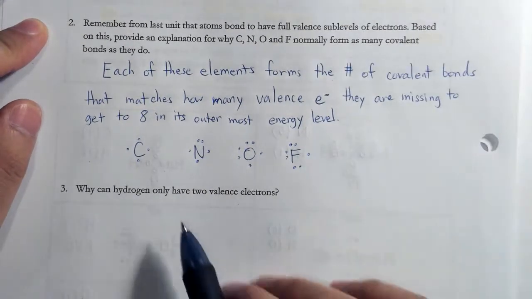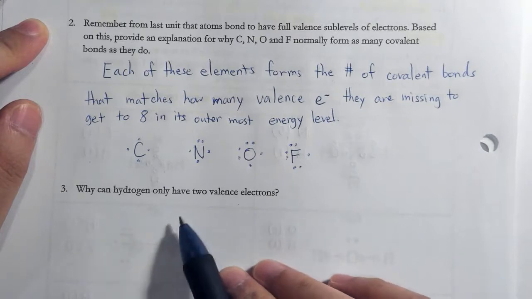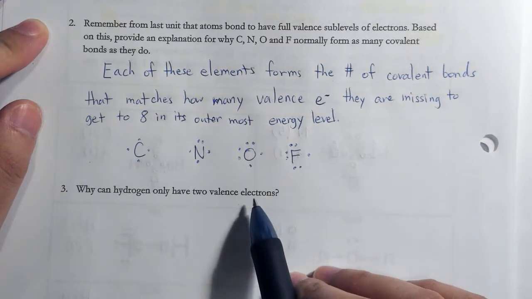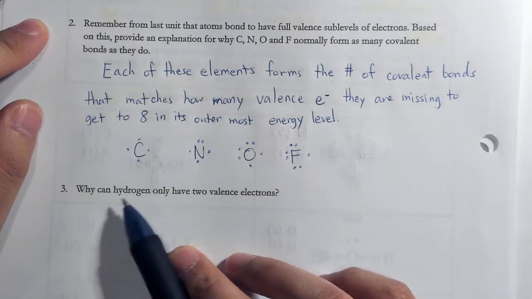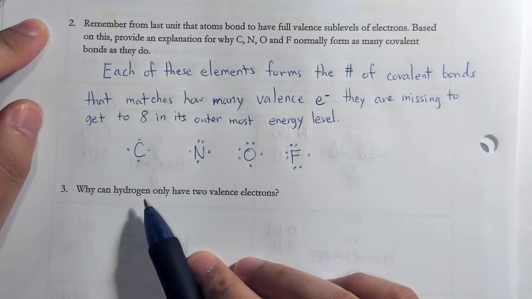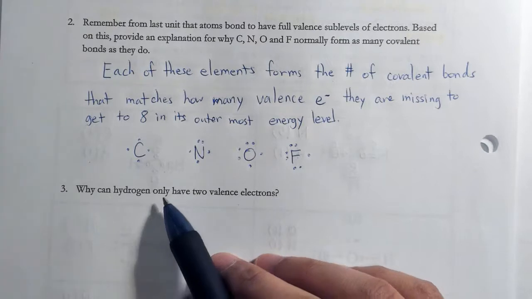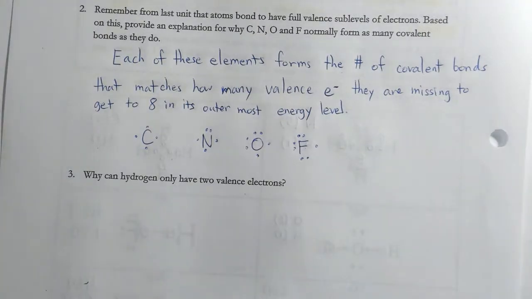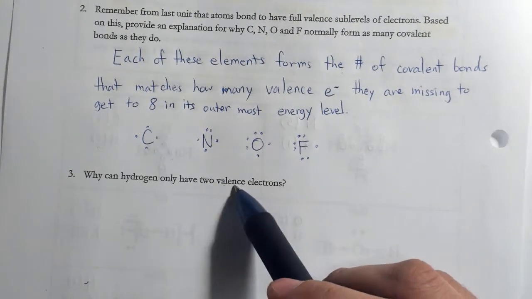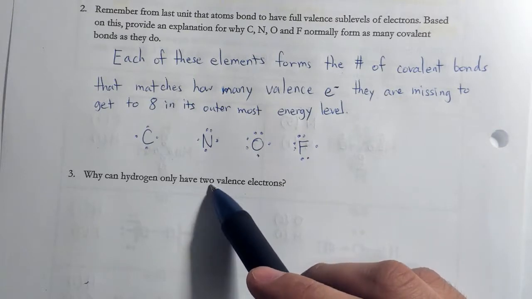And then next is, why can hydrogen only have 2 valence electrons? When you see hydrogen, you would question this question. Why are there 2 valence electrons in this problem?